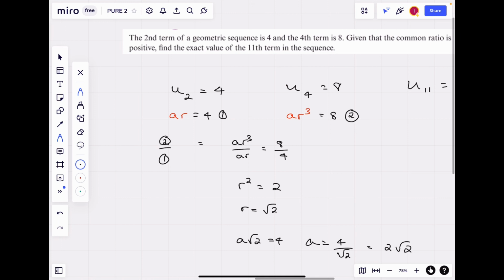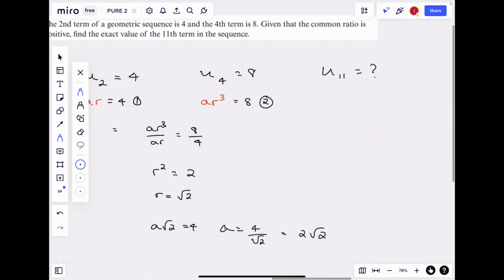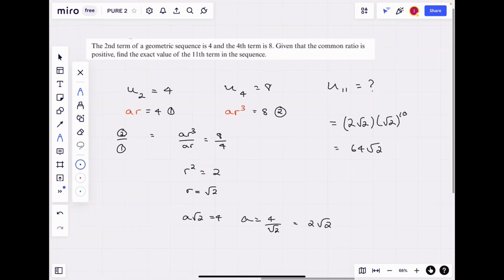It's asking for the 11th term in the sequence. So you're going to do 2 root 2 times root 2 to the power of n minus 1, which is 10. And when you sub that in your calculator, in surd form, you get 64 root 2. That's how you do a question like that.